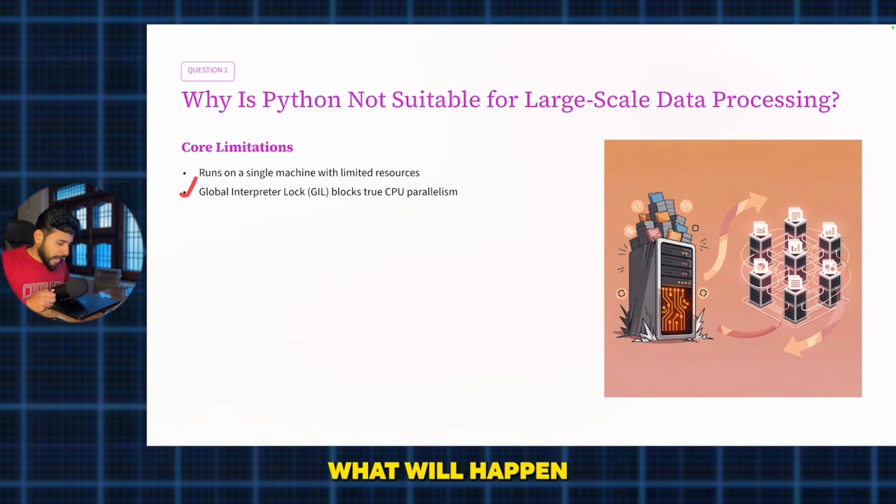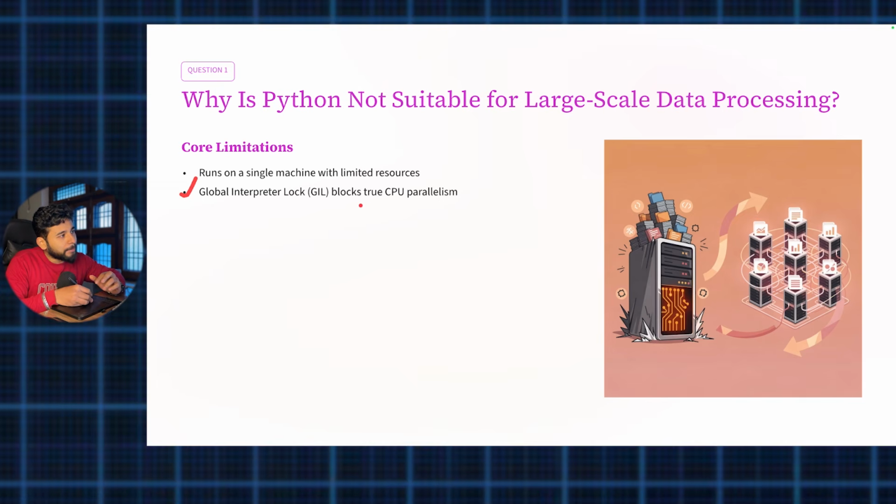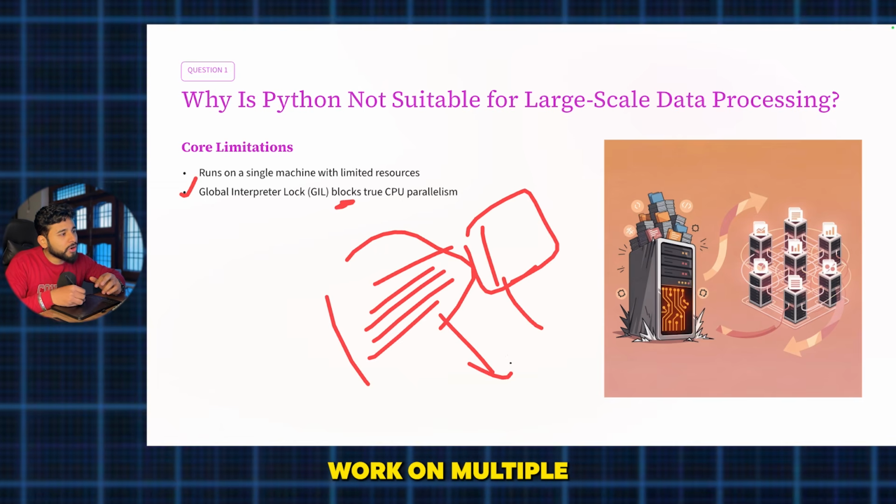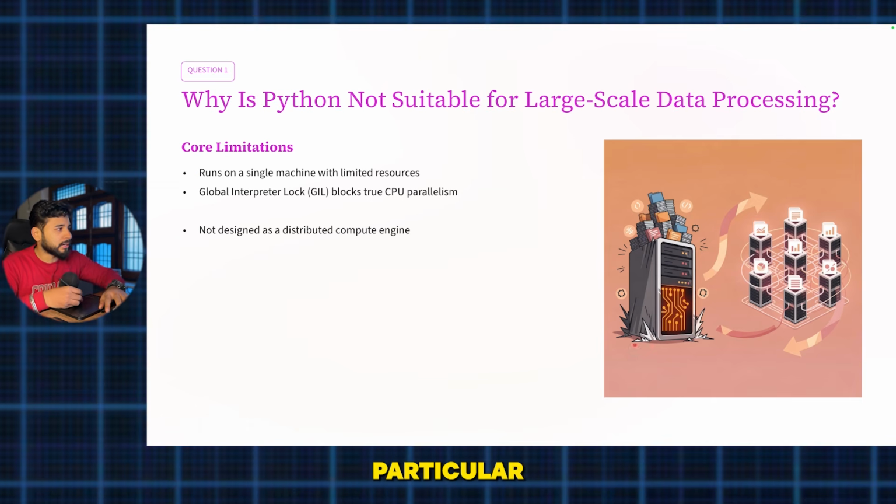The global interpreter lock is applied, and because of that, your CPU blocks parallelism also. It cannot work on multiple tasks at the same time. That is a core limitation of this particular technology.